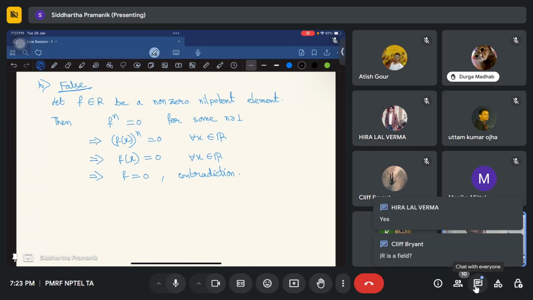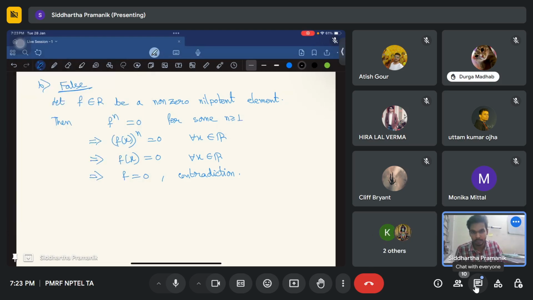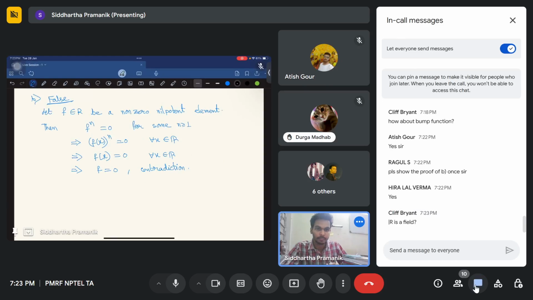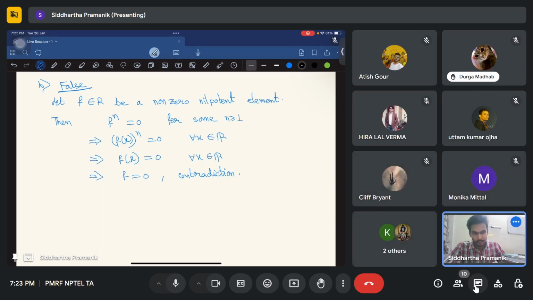You take a non-zero nilpotent element, and I am taking the set of all real continuous functions over R. Okay, I hope this is clear.